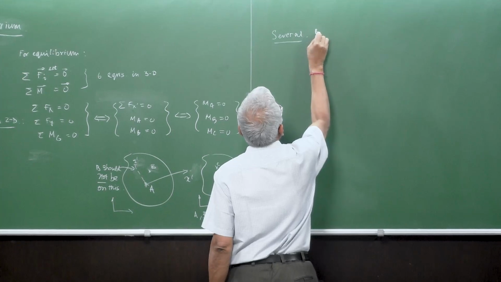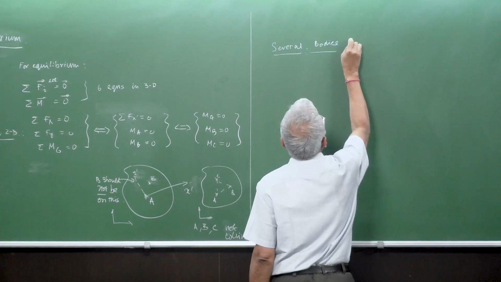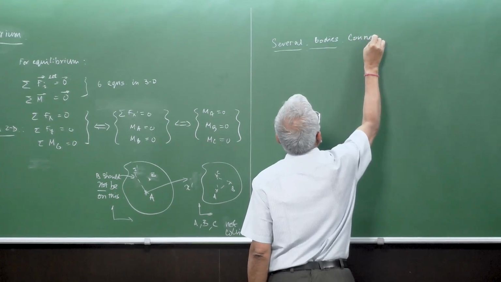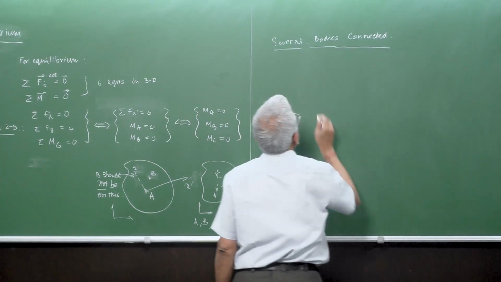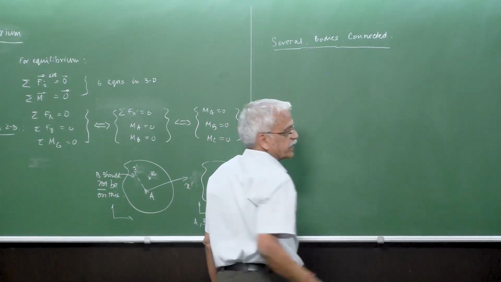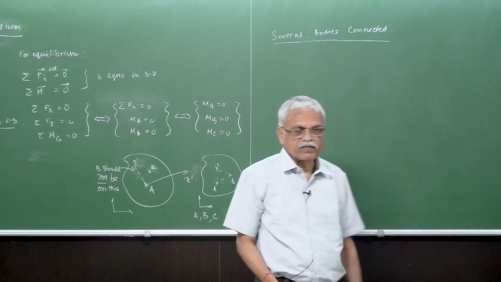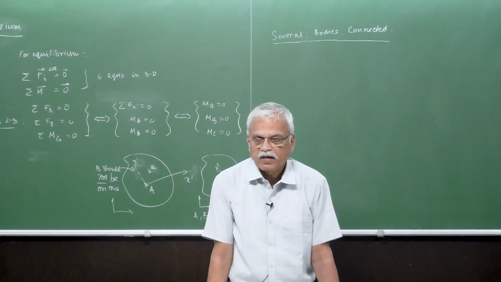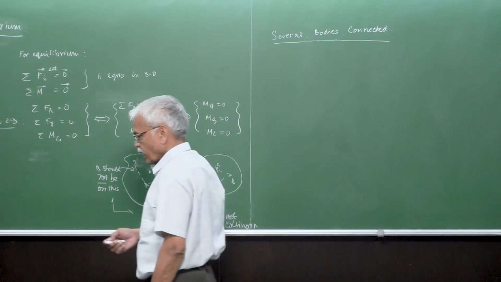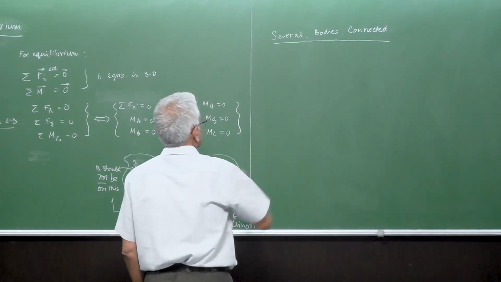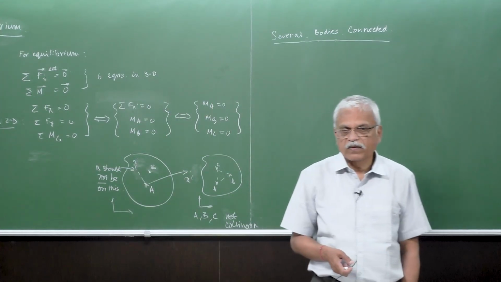The connection can be of different kinds, which you will come to know a little bit later. For example, we have several bodies; they can be pin connected, or they can be resting on each other.